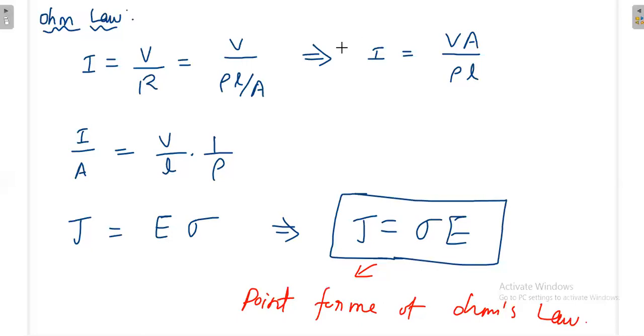Next, Joule's law. Joule means something related to energy. You know that energy is equal to power into time.